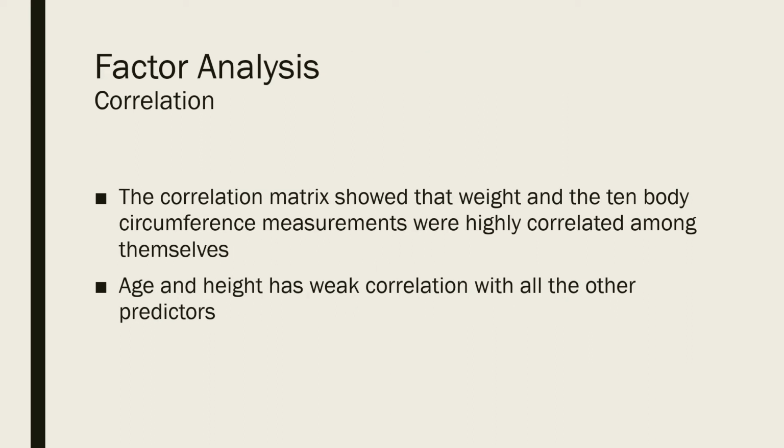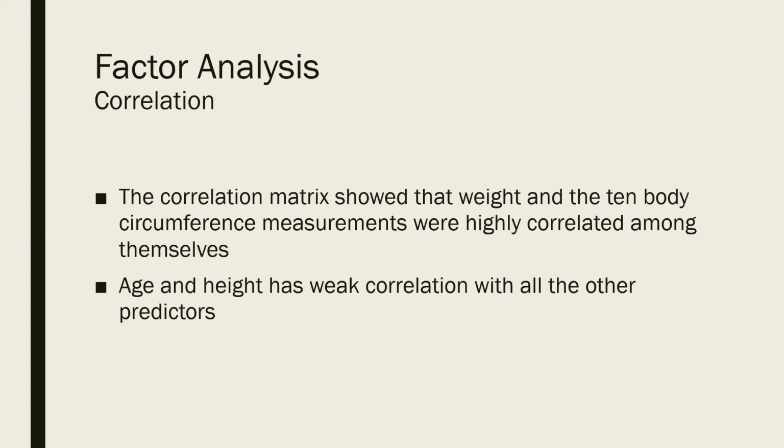Since we did find that there was a correlation between the measurements and the body fat percentage, we wanted to see if we could narrow down the variables that we needed. So we did a factor analysis and looked at the correlations between the different measurements.